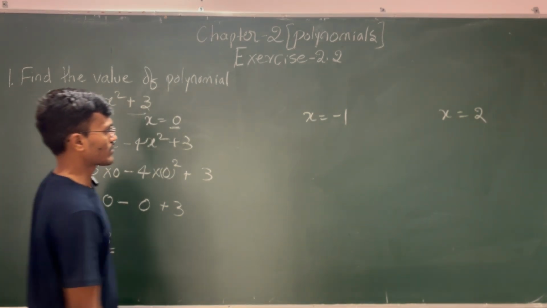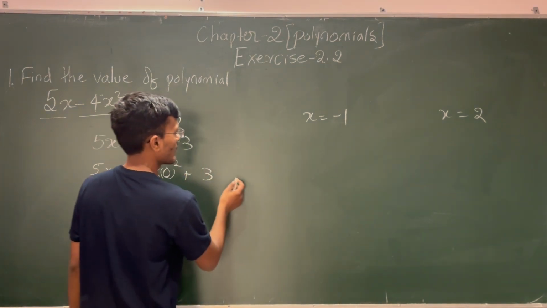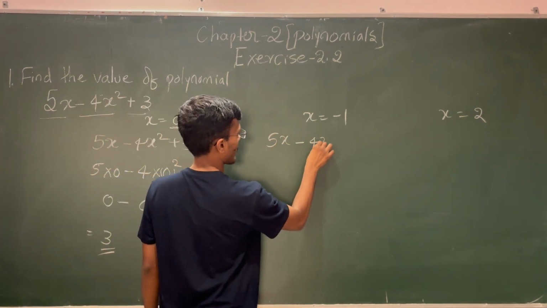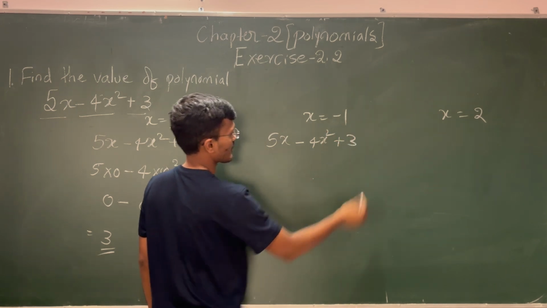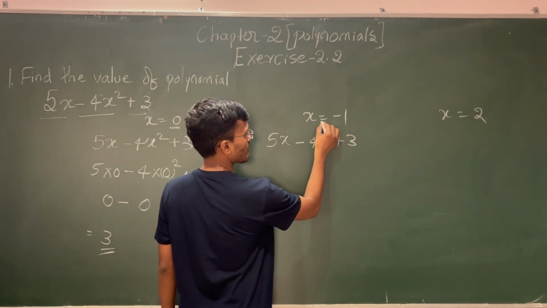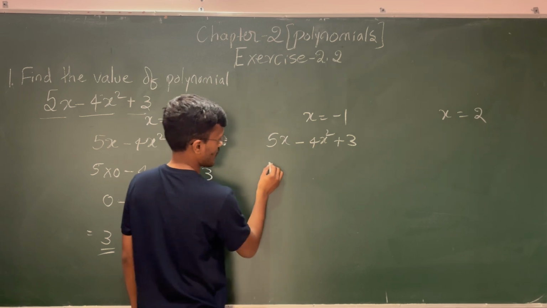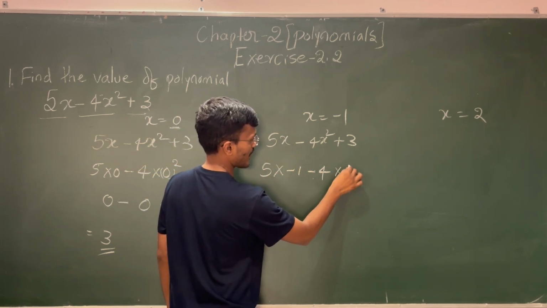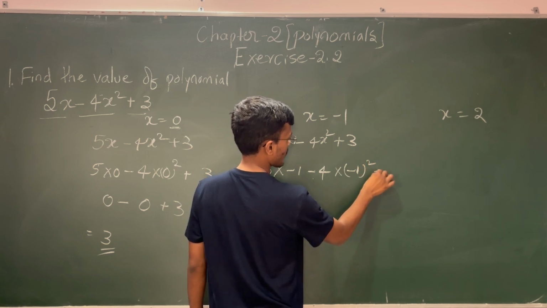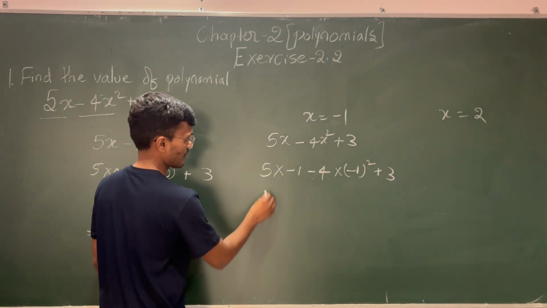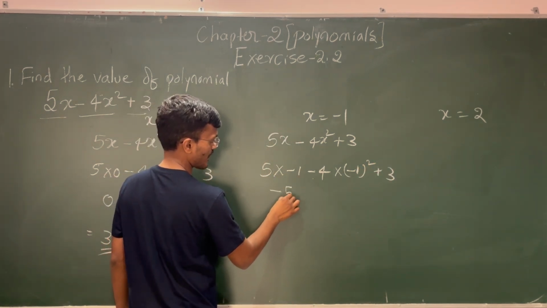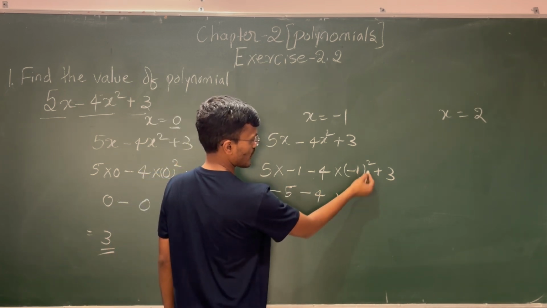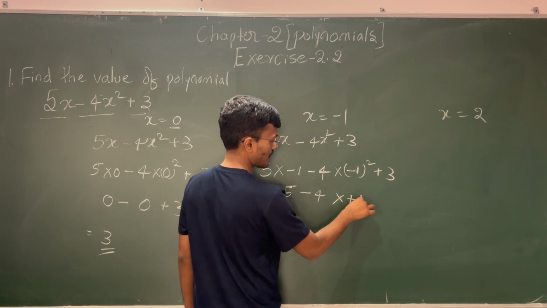Now next we will move on to x equal to minus 1, in 5x minus 4x square plus 3. Here putting x as minus 1: 5 into minus 1, minus 4 into minus 1 whole square, plus 3. 5 into minus 1 is minus 5, and minus 4, and minus 1 into minus 1 is plus 1.